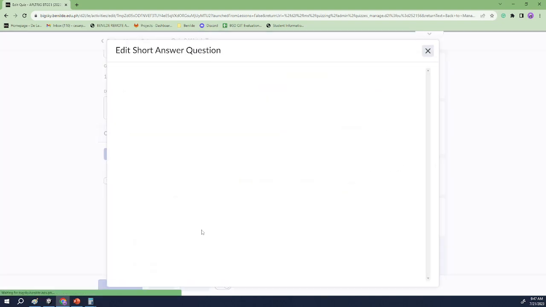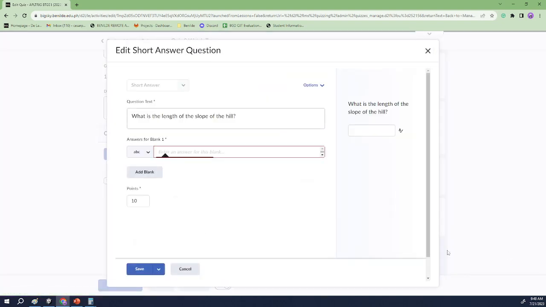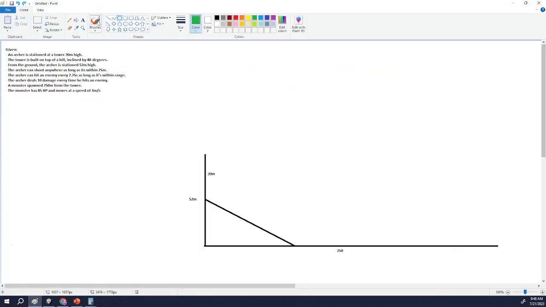So first question, what is the length of the slope of the hill? Nakasabit dito, 40 degrees, and all that are given is 52, 20, 250.